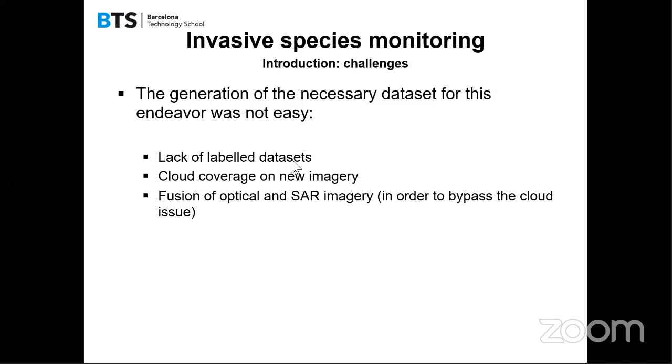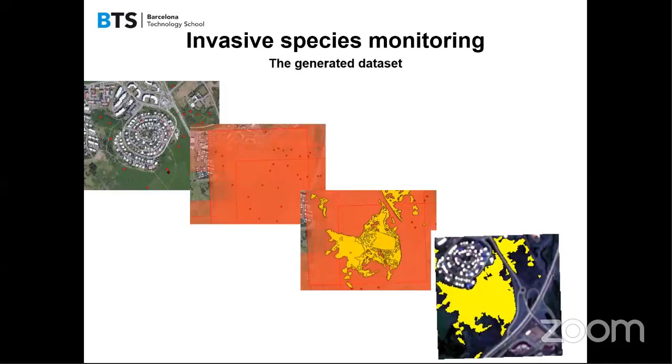For the data set we worked with, we had point locations, similar to what we had with the biomass in the seaweed. We had point locations everywhere, and from these point locations, we knew that there was lupine. So we drew a 500 by 500 meter square box around every point.